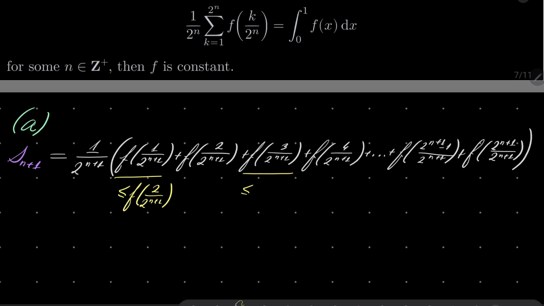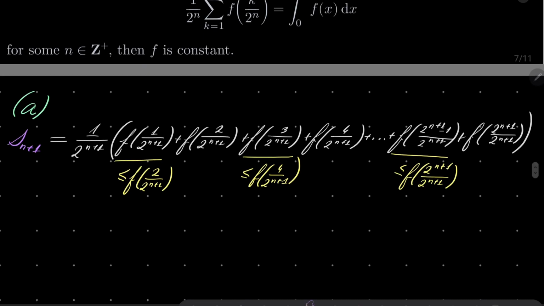Likewise, this with numerator 3 can be estimated from above by the fraction with numerator 4. And so on. Every fraction with odd numerator can be approximated from above by the next fraction.